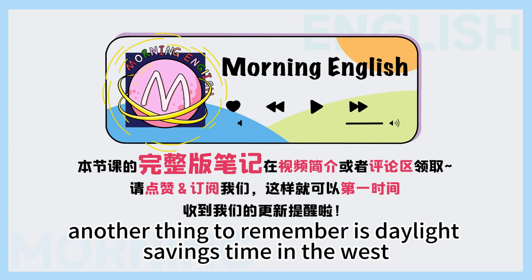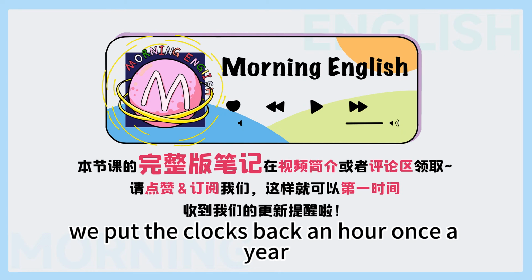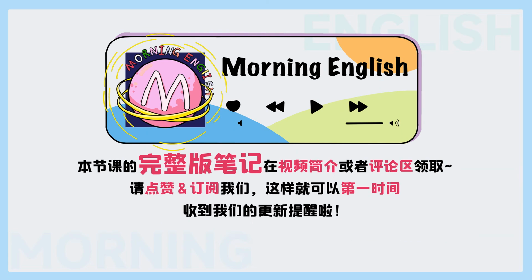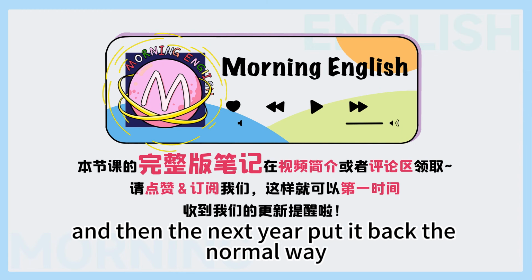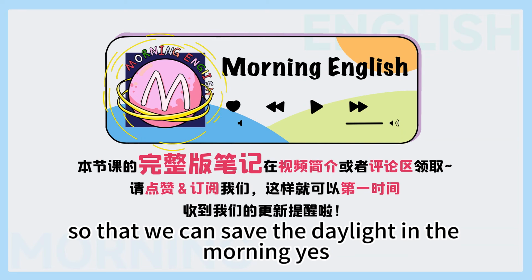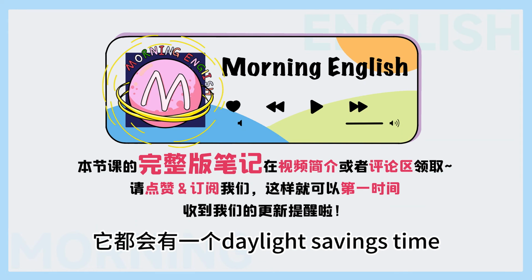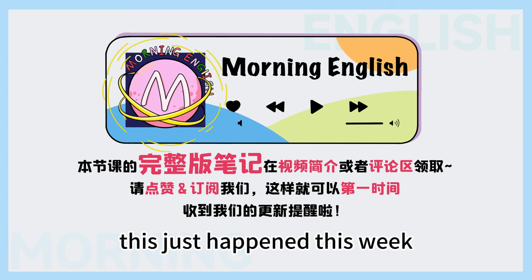Now, another thing to remember is daylight savings time. In the West, we put the clocks back an hour once a year, and then the next year put it back the normal way so that we can save the daylight in the morning. Yes, 就每年啊，它都会有一个 daylight savings time. Yep. This just happened this week.